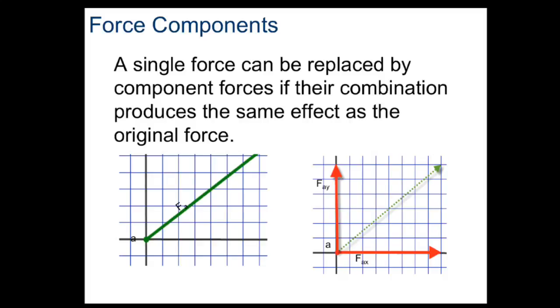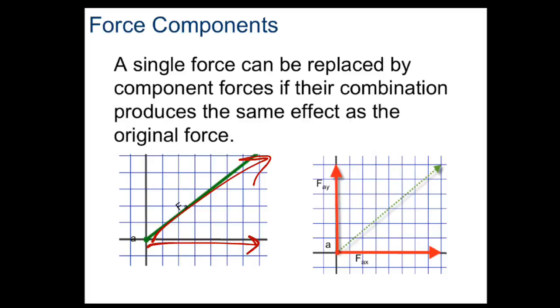When using force vectors and calculating static equilibrium or different forces upon an object, we'll definitely be using component forces. A component force is made up of an x direction and a y direction. This force has an x component pushing it a certain amount and a y component pushing it another amount, and that results in this green vector.